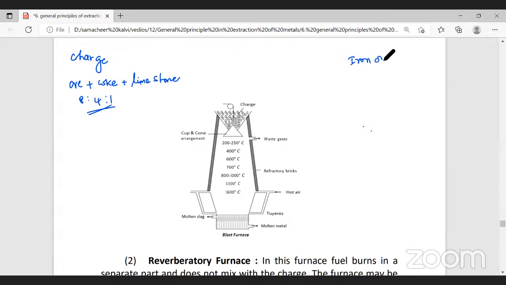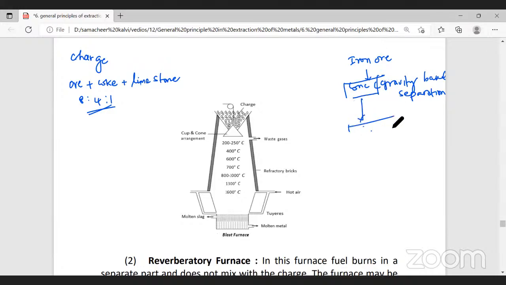Iron ore is first concentrated by gravity-based separation. You know what gravity-based separation is. It is based on density, gravity-based separation or levigation.